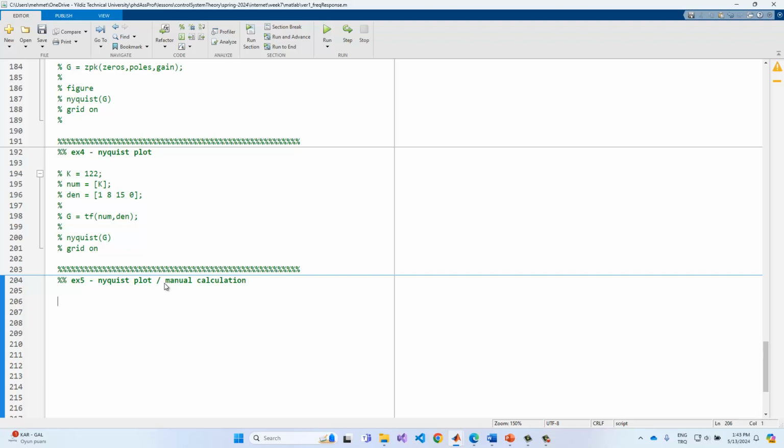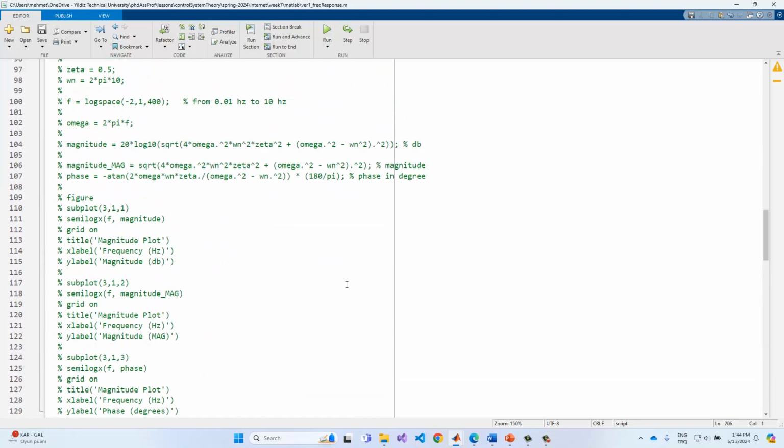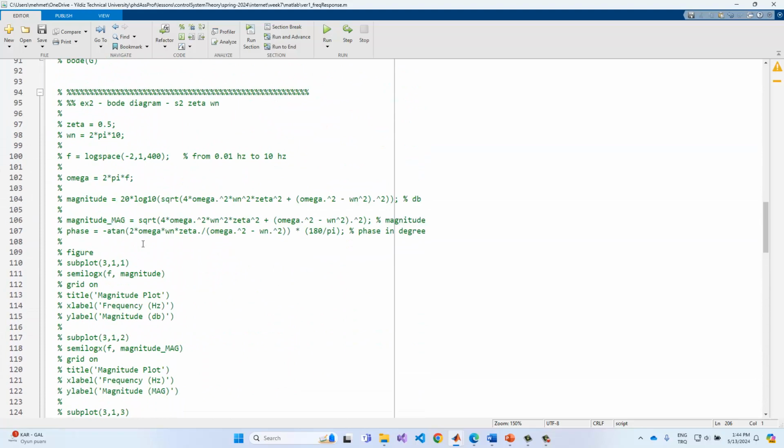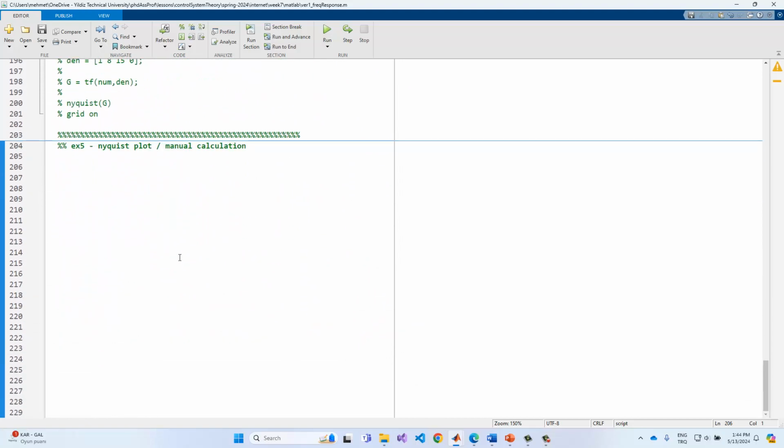In order to understand it deeply, to draw the Nyquist plot, we can define it just like the Bode plot. Just remember that we can draw the Bode plot by calculating the magnitudes and the phase, and so we can draw the whole values based on these terms. But how can we draw the Nyquist plot automatically?